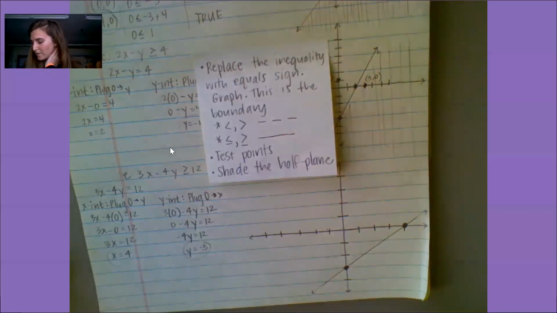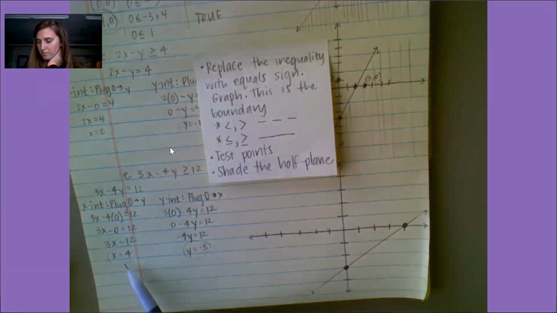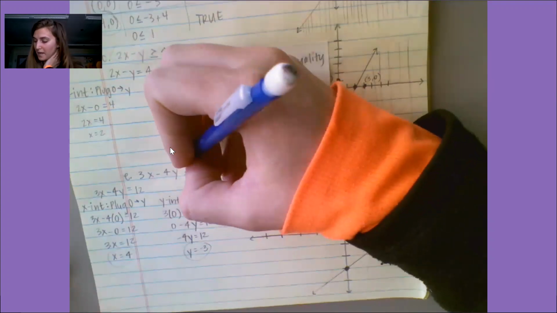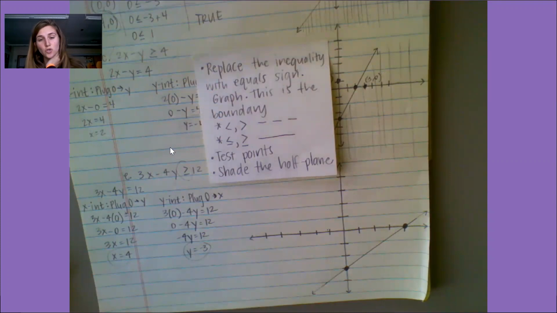All right, so this should have been the line that you came up with, determined by the x-intercept being 4, the y-intercept being -3. Just connecting those 2 points, I made it a solid line because my inequality has greater than or equal to. So now I'm going to test 2 points.